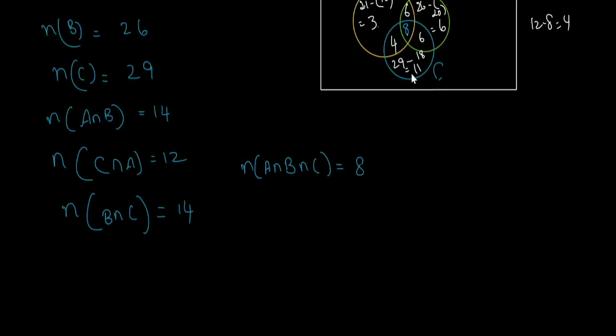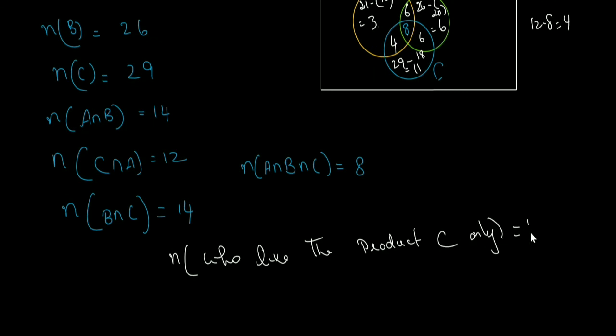So from the Venn diagram, who like the product C only is 11. That is actually total is 29 minus all these intersections you have to subtract. 8 plus 4 plus 6. So that is equal to 29 minus 18. So you get 11. Thank you.